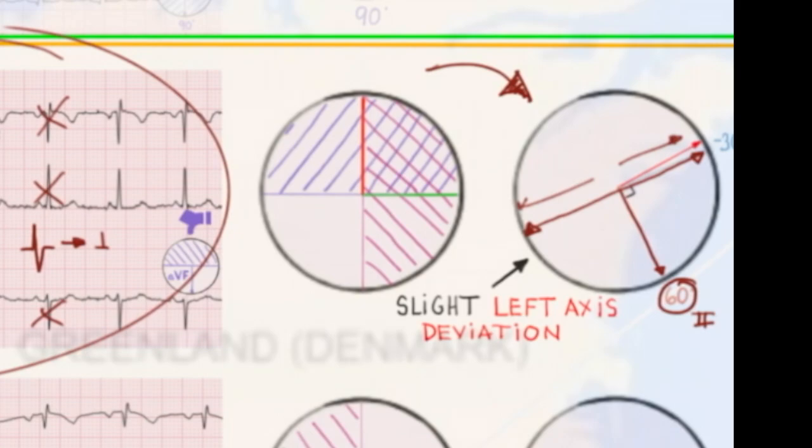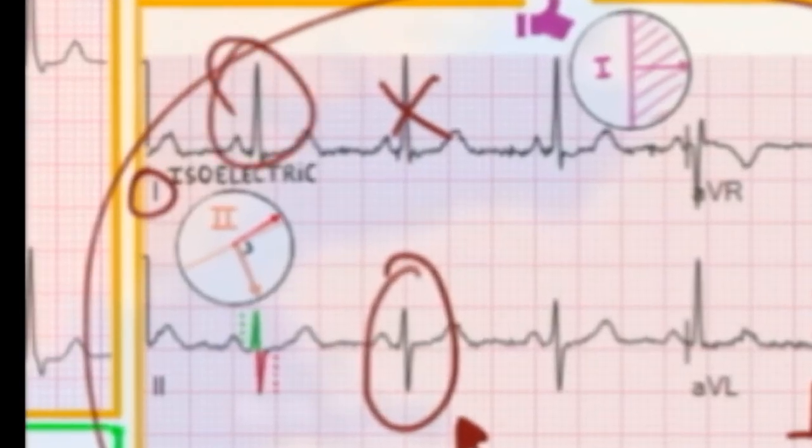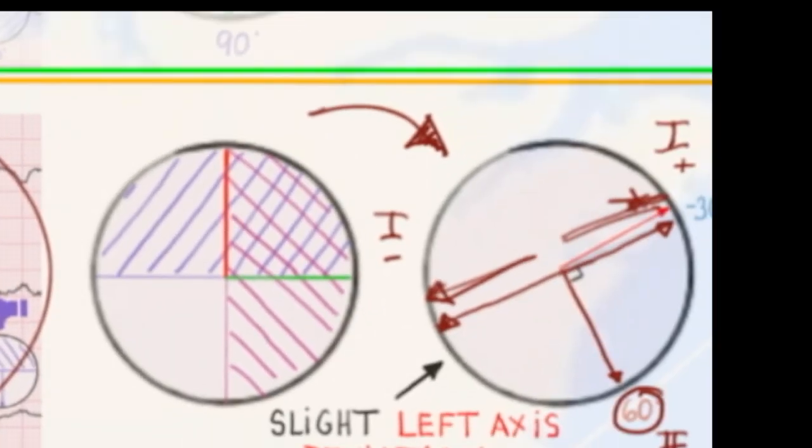And that's not hard to figure out because if it goes in this direction, then lead 1 will be positive. If it goes in this direction, then lead 1 will be negative. So all we need to do is look at lead 1 and we see it's positive. So we know we're talking about this one right here, perpendicular to lead 2. And in the positive aVL direction.